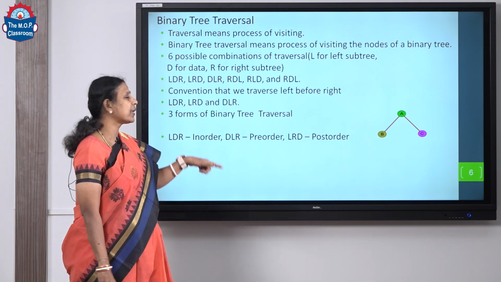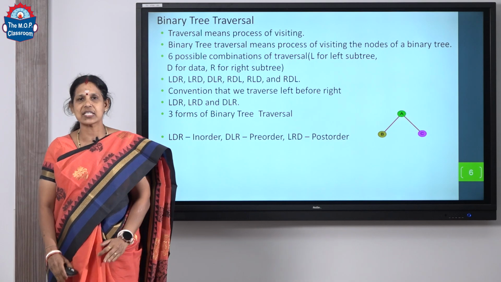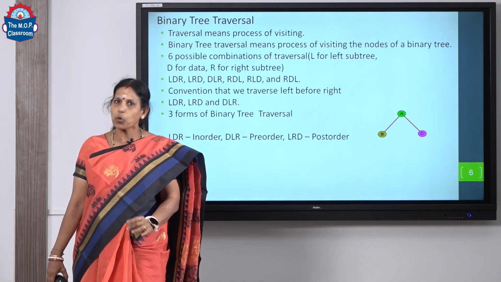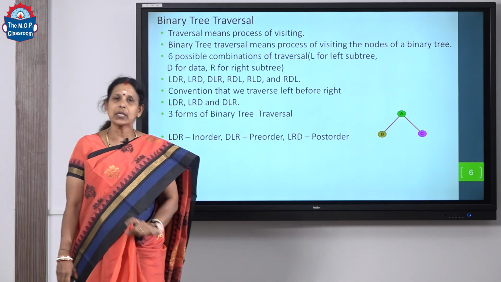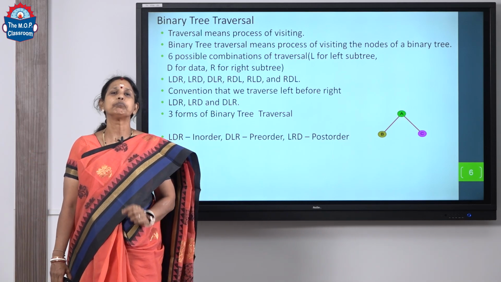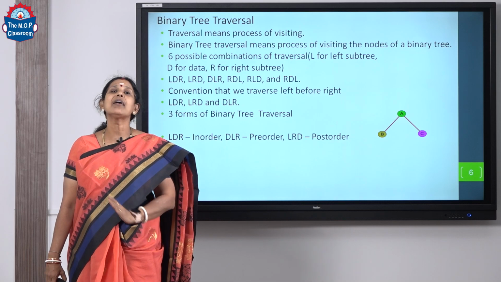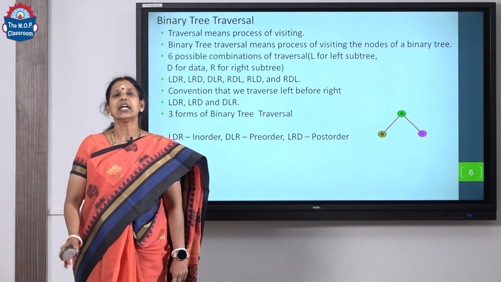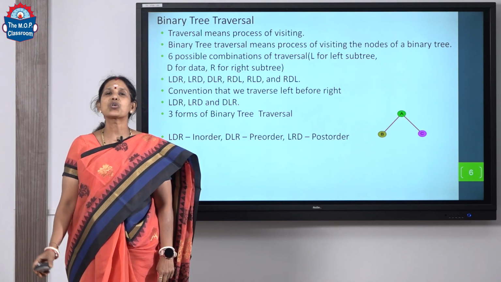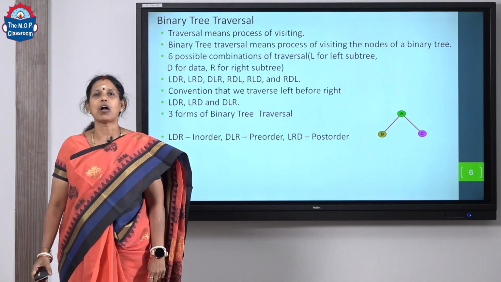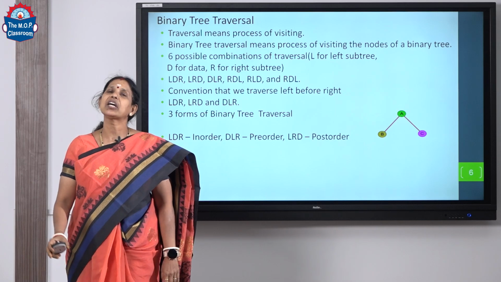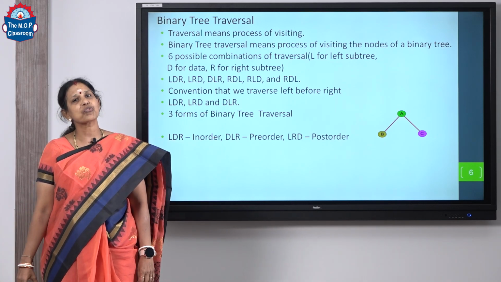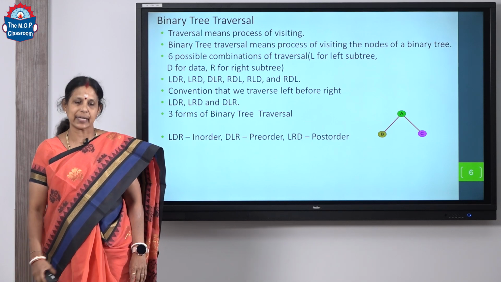So, we will have only 3 traversal techniques, namely in-order, pre-order and post-order. In-order is left, data, right. Post-order is left, right, then data. Pre-order is data, left, right. In these 3 combinations, left is visited before right.